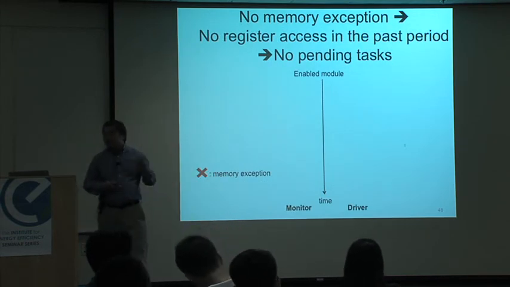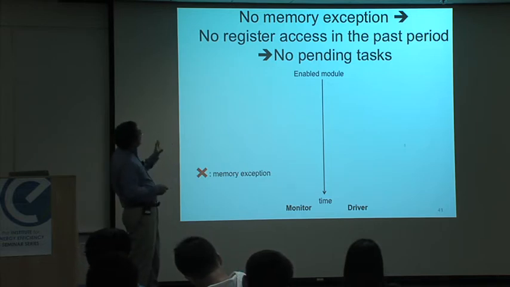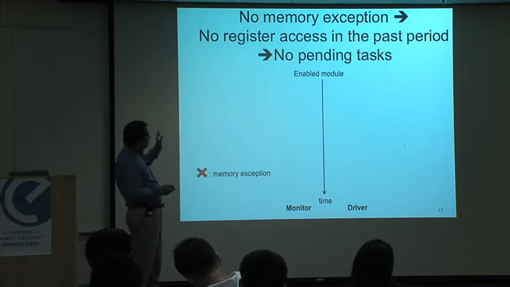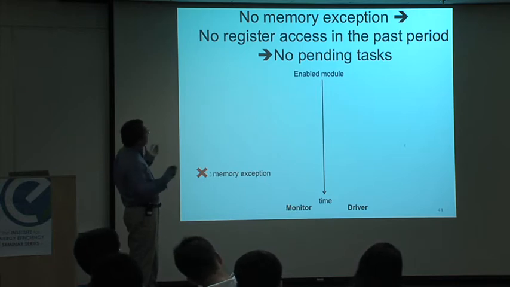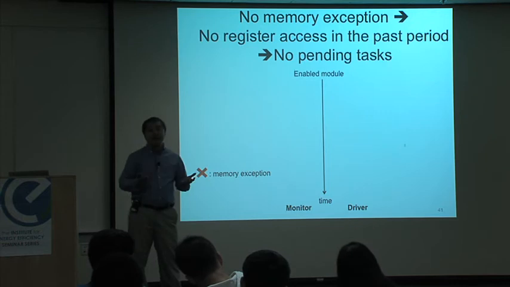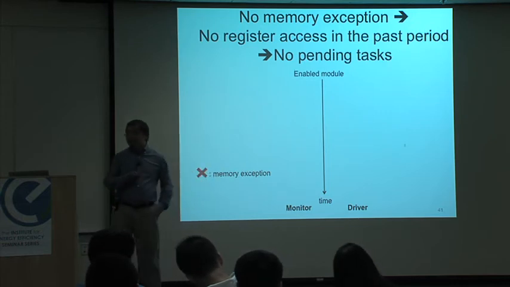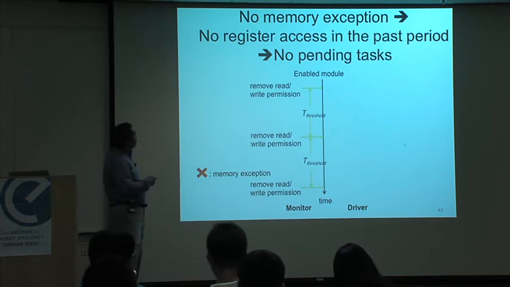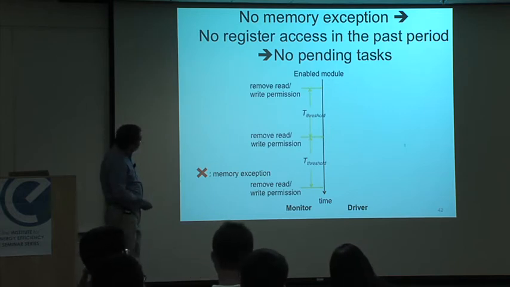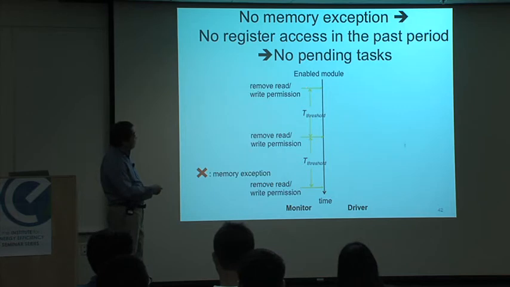The logic here is: if there's no memory exception since the last time I checked, that means no register access in the past period, and then I can assume there's no pending task. Therefore, I can disable it. How it works is, on one hand, this is an enabled module. Periodically, we remove read-write permissions. This is each check, at a fixed period.